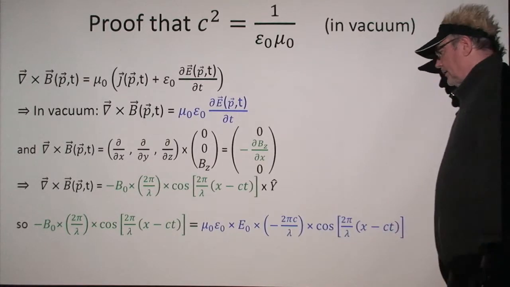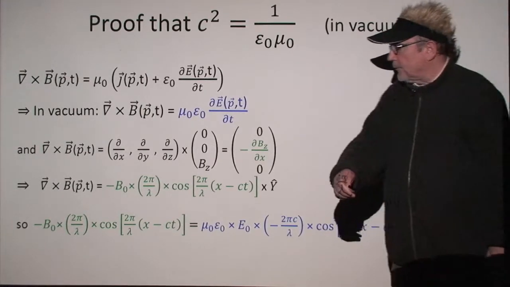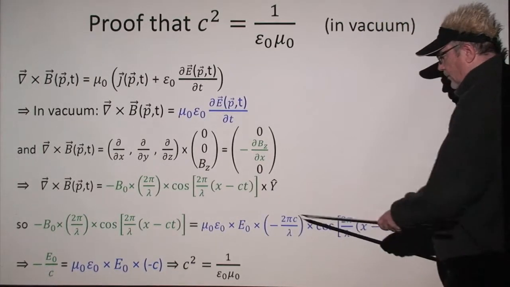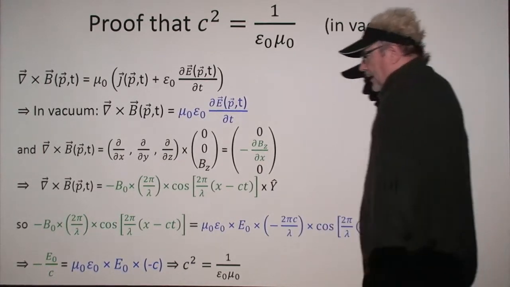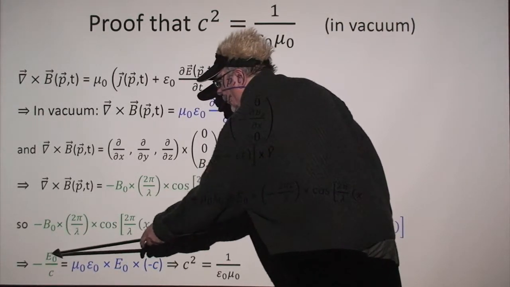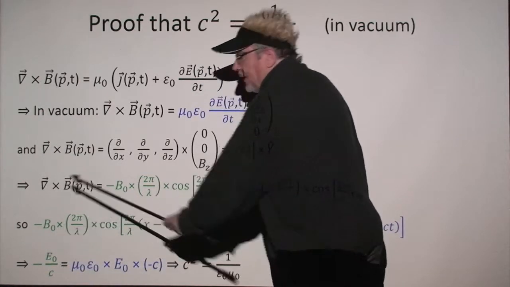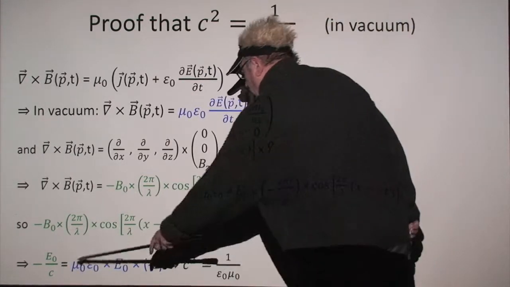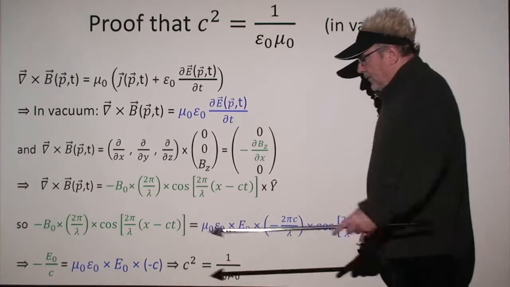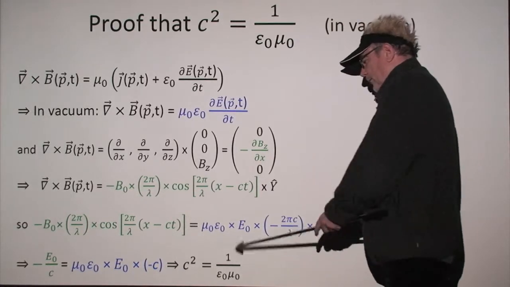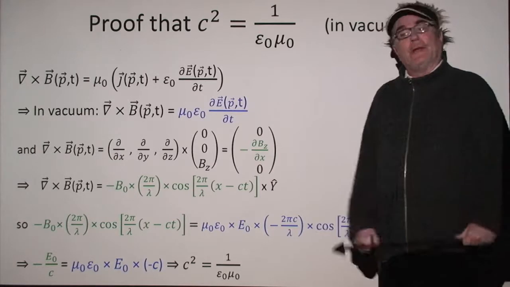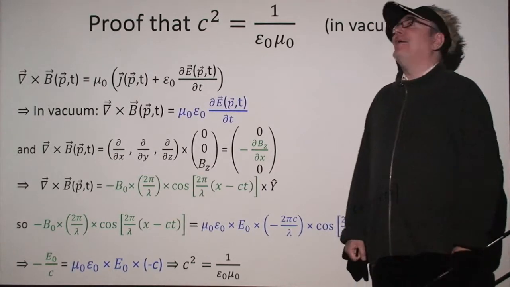Then of course you can simplify: the cosines go away, 2 pi over lambda goes away, and you finally get minus B0, which is minus E naught over c, as we've proven before, equal to that value here. Which implies that c squared is equal to 1 over epsilon naught mu naught. Quod erat demonstrandum. That's Latin. Oh, I'm so good.